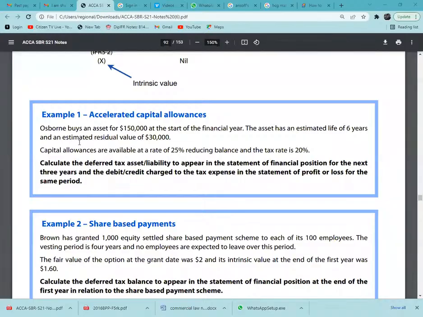The asset has an estimated life of 6 years and an estimated residual value of $30,000. Capital allowances are available at the rate of 25%, reducing balance, and the tax rate is 20%. Calculate the deferred tax asset or liability to appear in the statement of financial position for the next 3 years. But I would want us to do it for the 6 years.